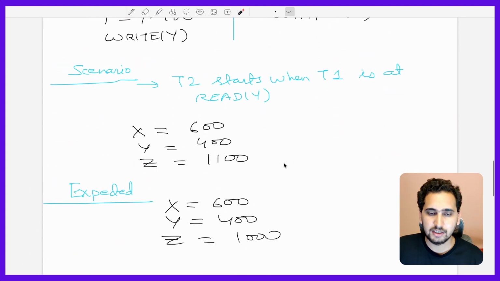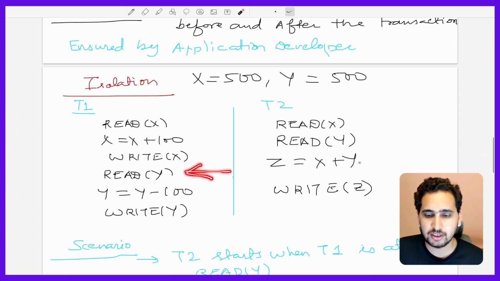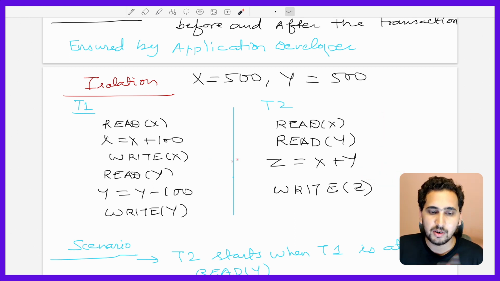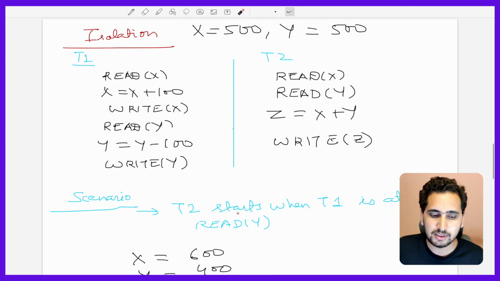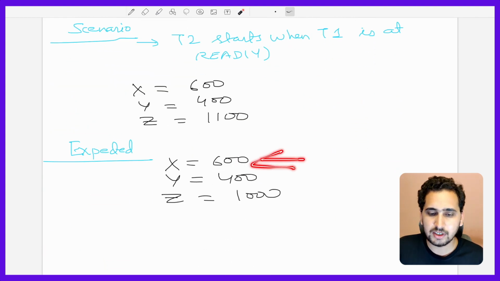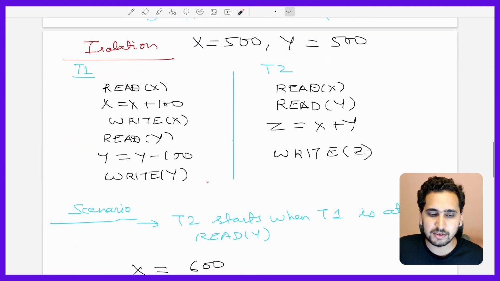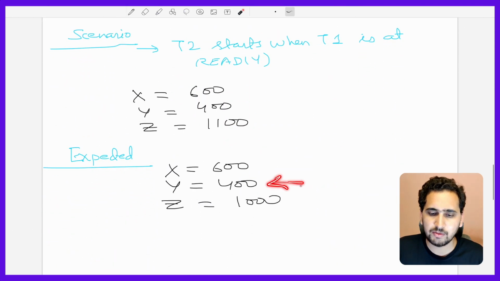So it is reading X's value as 600 and Y's value also as 500 and setting the value of Z, right? Finally, when T1 finishes and T2 also finishes, X would be 600 because we are adding 100 to X, and we are subtracting 100 from Y, so Y would be 400 after the transactions are all done, and Z would be at 1100, which is again a bad state because we just had 1000 rupees, right?